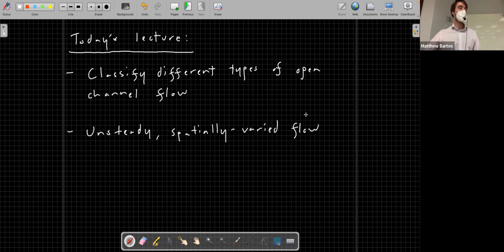And we're going to derive the equations that can be used to represent unsteady spatially varied flow, which is the most general type of open channel flow. And finally, we're going to show how we can use some simplifying assumptions to simplify this most general case into the case of uniform flow, which is what you will primarily be using for the purposes of design later in this class. Okay?